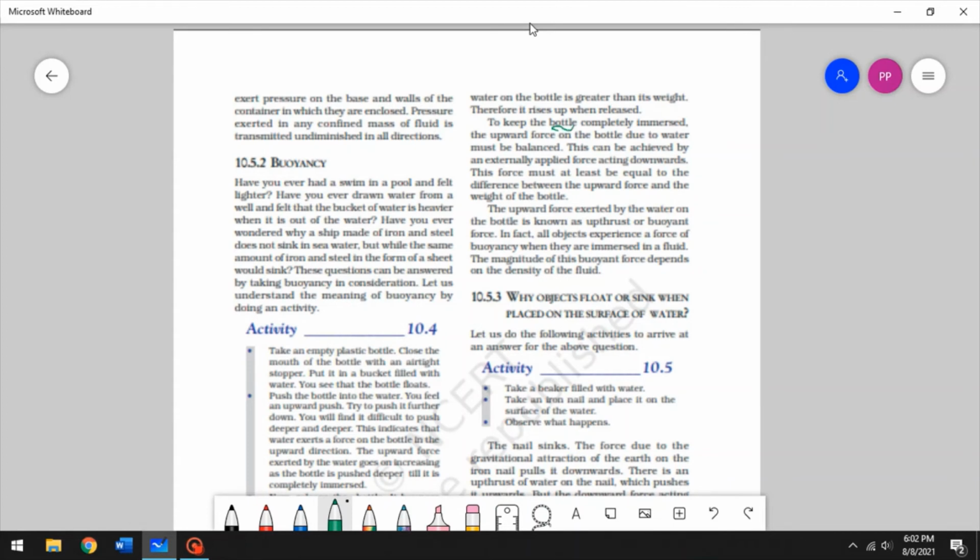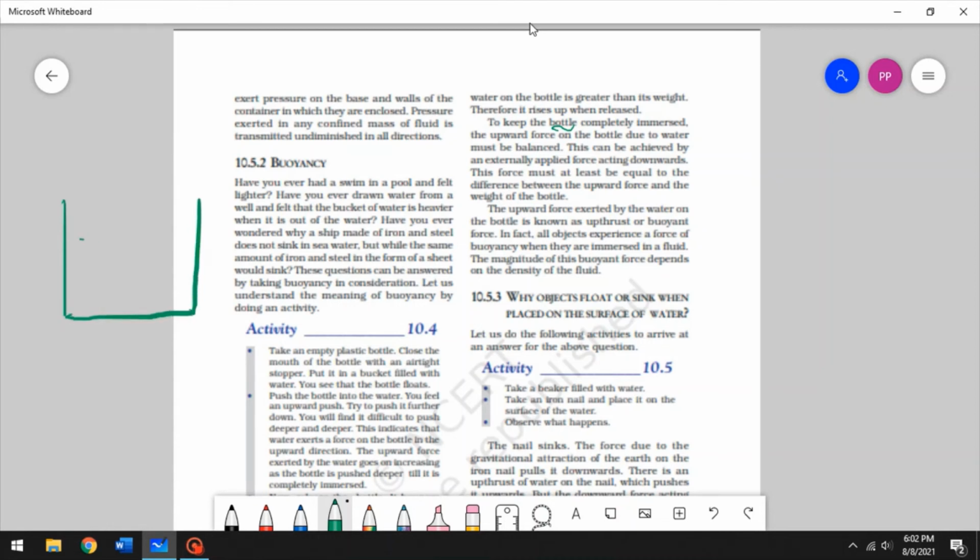So to keep the bottle completely immersed, the upward force of the bottle due to water must be balanced. Alright, so once you release it, the bottle is going to spring upwards or is going to fall downwards. To keep it balanced, the two forces must be equal but opposite to each other, right? So how will they be equal to each other when we clearly saw that they were different values?